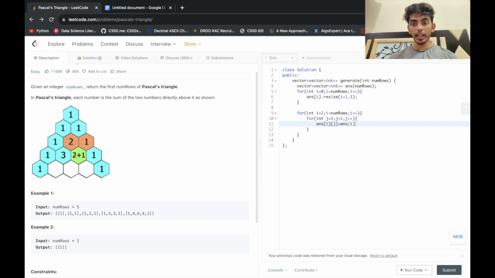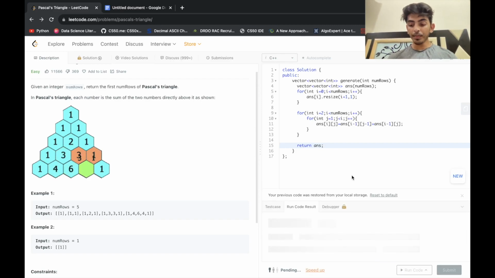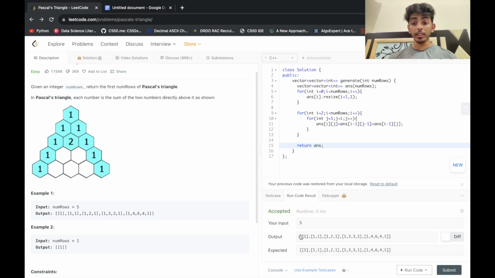So basically i minus 1, the above row, and j minus 1, which is pointing to the diagonal element, and i minus 1, j, which is directly above the cell. After this we simply return the answer. Let me run this. Yeah, it worked perfectly fine.